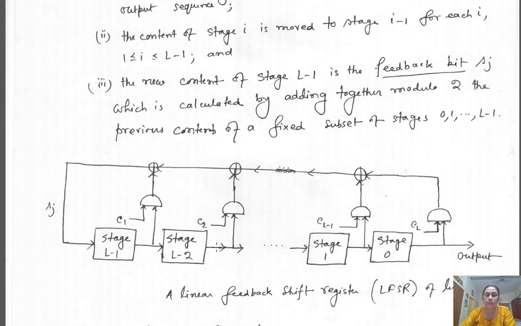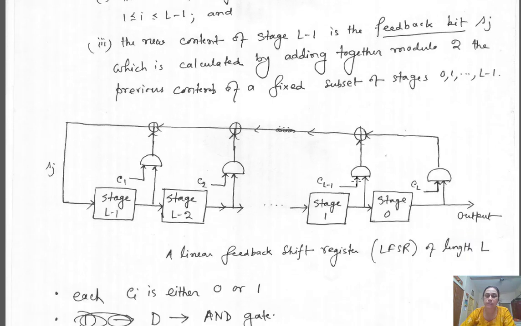So from the values stored in these stages, a subset is taken, depending on whether Ci is 1, in which case it will contribute to the feedback bit, otherwise it will not contribute. So this is how the linear feedback shift register operates.